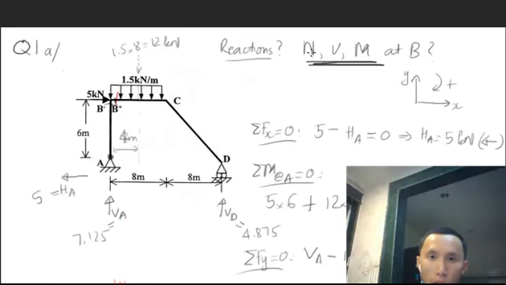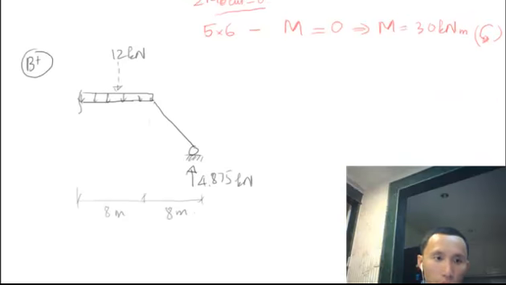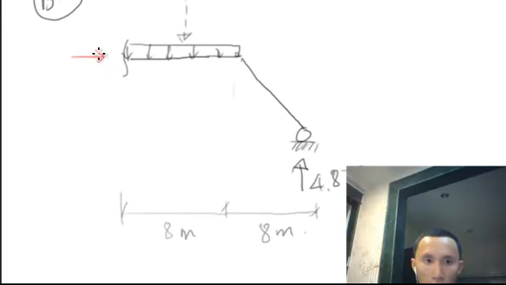Now again, we're going to put N, V, M to the cut. So I'll change the color again. Again N goes in or out, up to you. I choose in.